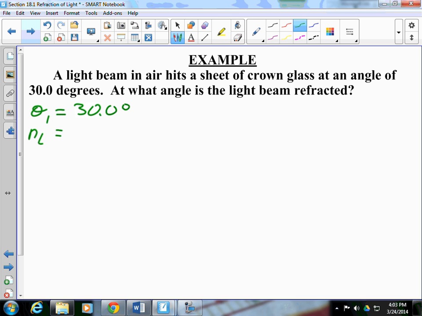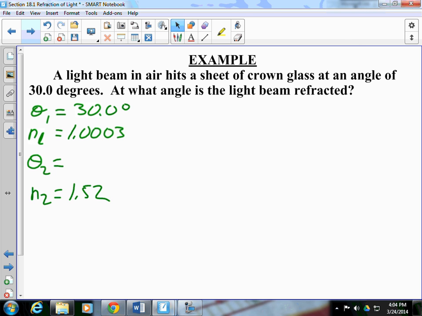N1, according to page 486, the n of air, the index of refraction, is 1.00003. We're trying to solve for angle 2, and we know that the index of refraction for crown glass, again looking on page 486, is 0.152.